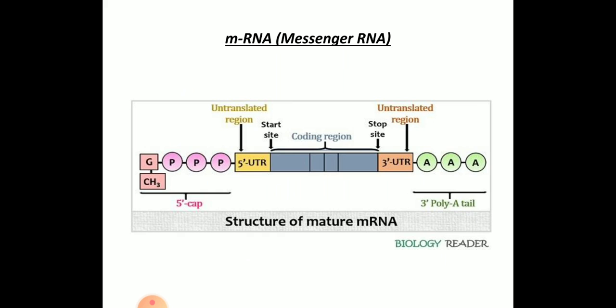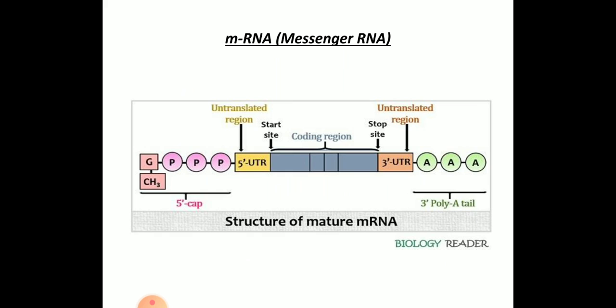At the 5' end, you can see guanosine, with G and CH3 attached. That region is called 7-methylated guanosine. It is also called the cap.